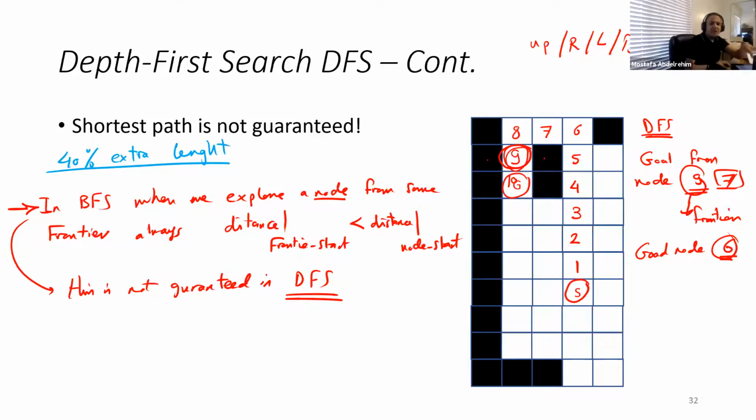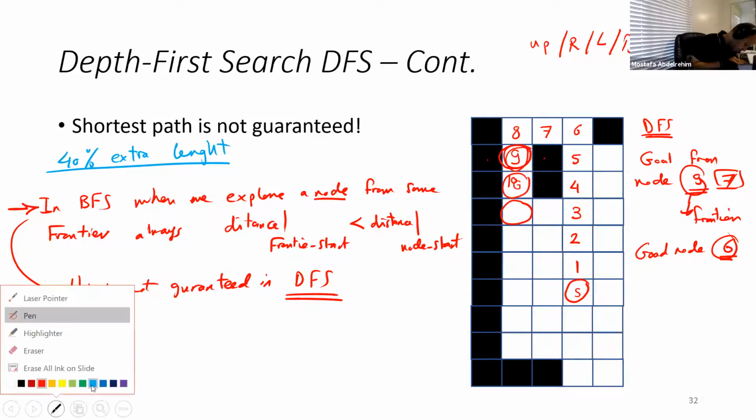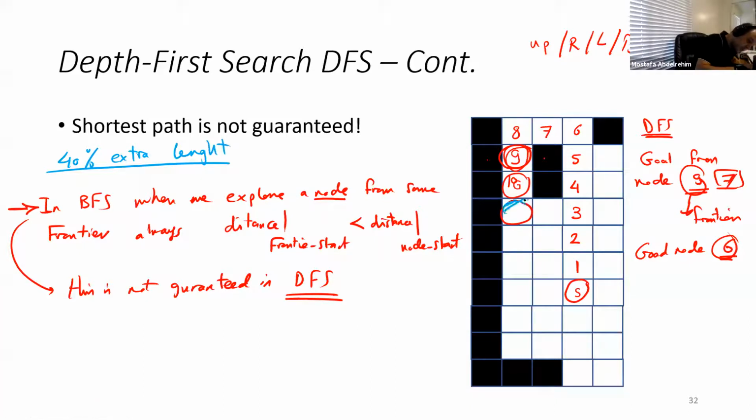If you do the same example using breadth first search, you will find that you will explore node 10 from this node. That's why you will find the shortest path.